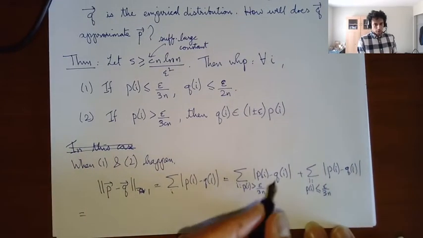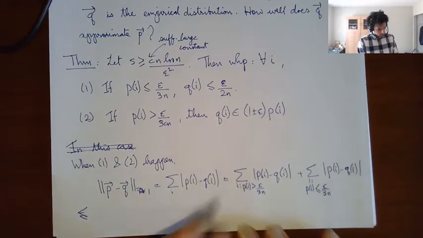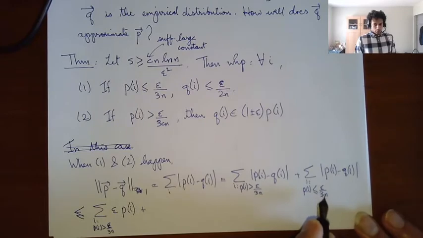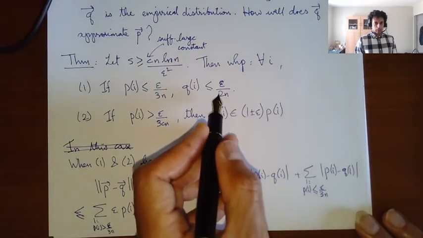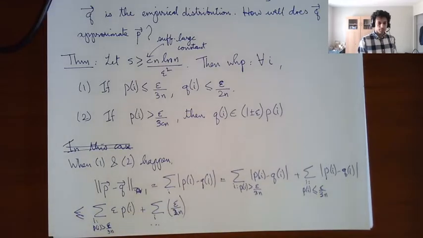And of course over here I'm given my multiplicative guarantee. So the summation over all I such that P of I is greater than epsilon over 3n, this is at most epsilon times P of I. When this is small, I know that Q of I is at most epsilon over 2n. So I could simply sum over all of these I's and just say it's epsilon over 2n.